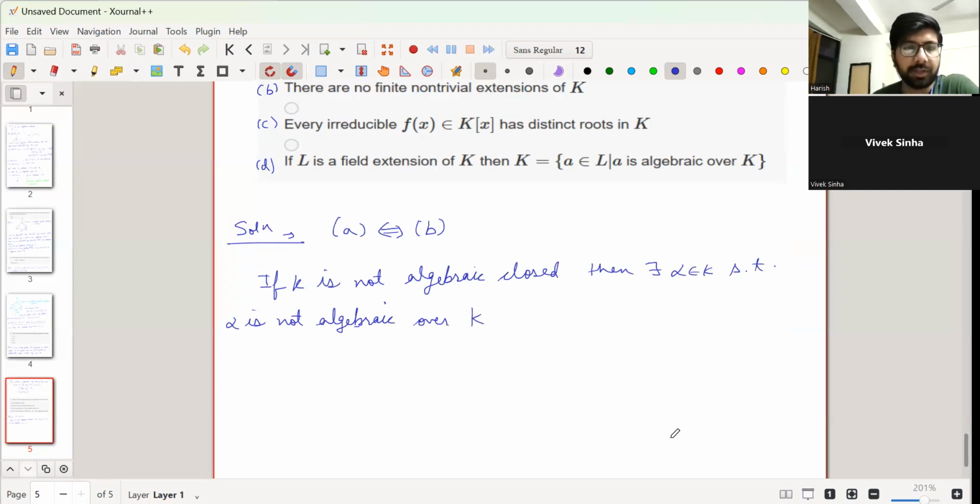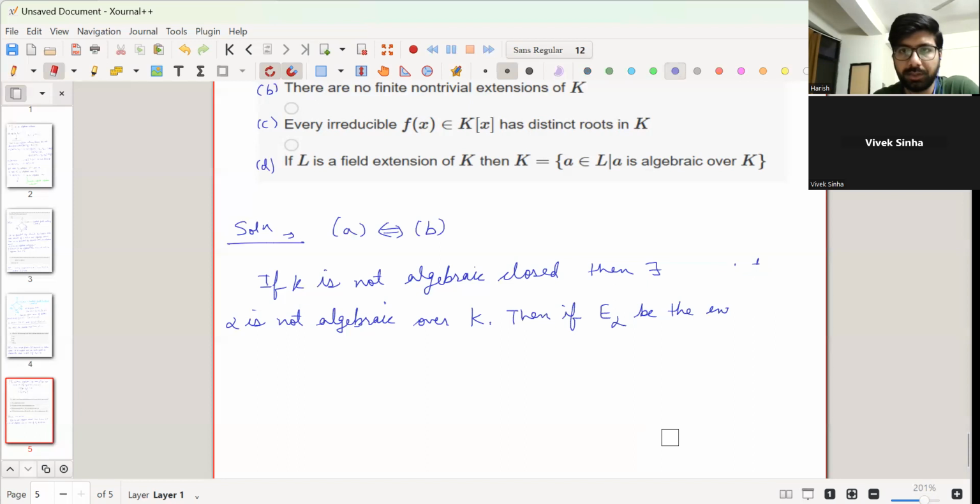And this implies, okay, then let E(alpha) be the extension. So it is not algebraically closed, means there exists a polynomial, sorry, not just alpha.